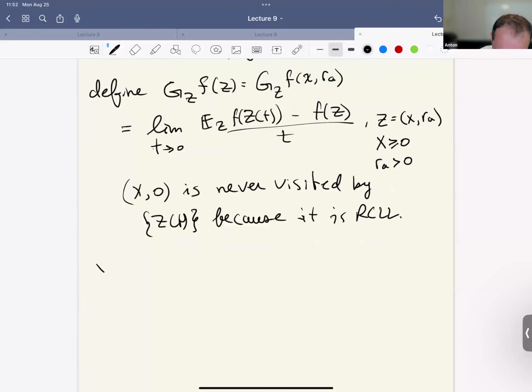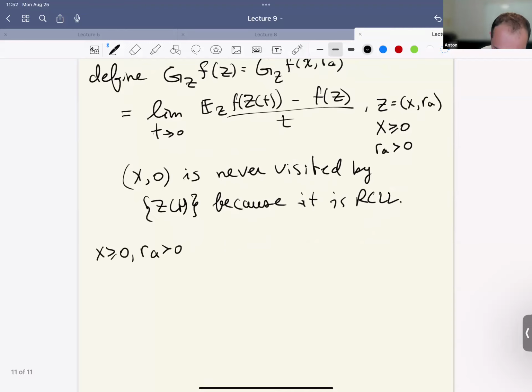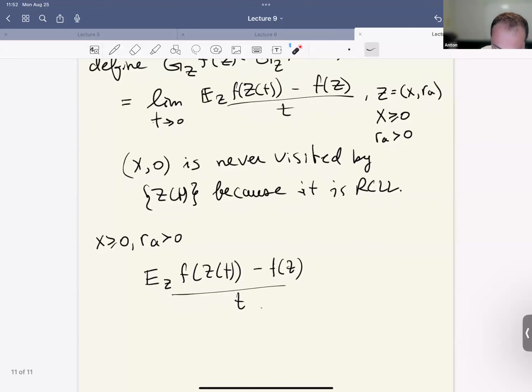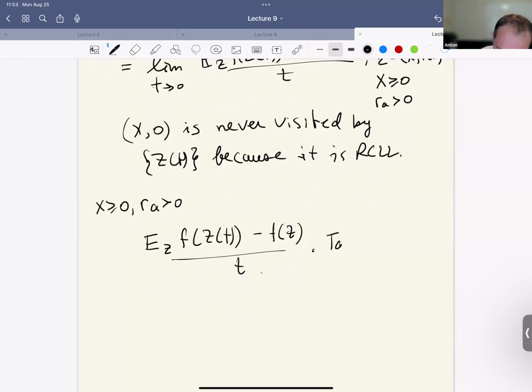So suppose I have some non-negative workload and I have some residual interarrival time left that's strictly positive, and I try to compute this limit, E sub z of f of Z of t minus f of z, over t. Here I want to use the structure of my piecewise deterministic Markov process. As long as this time is not very far ahead into the future, my process behavior should be deterministic up until that point in time.